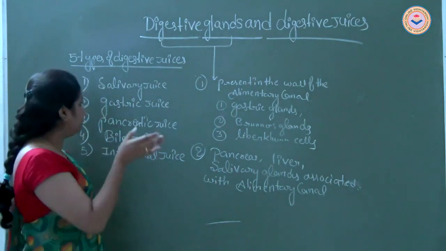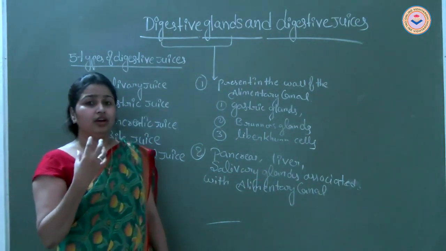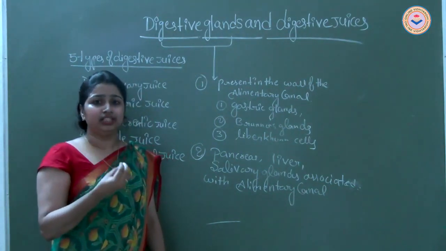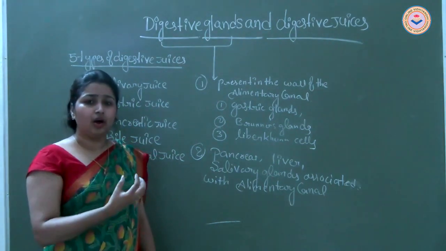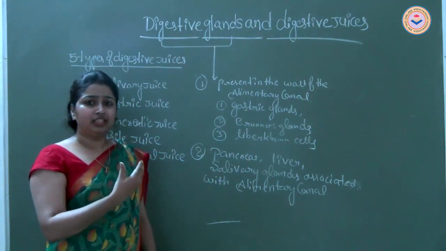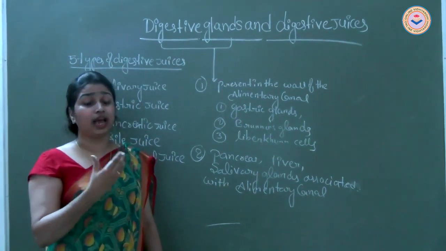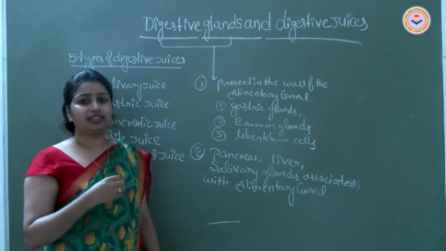Next, gastric juice. Gastric juice consists of a concentration of HCl, and proenzymes like pepsinogen and prorenin. Also lipase enzyme, gastric lipase, and gastric amylase, but gastric amylase is non-functional in the stomach.